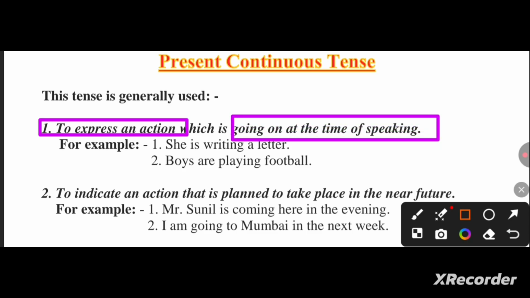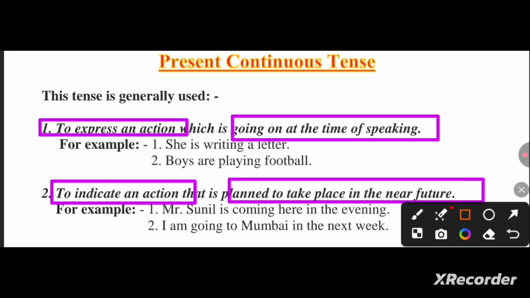For example, she is writing a letter, boys are playing football. Again, it is also used to indicate an action that is planned to take place in the near future. For example, Mr. Sunil is coming here in the evening. I am going to Mumbai next week.